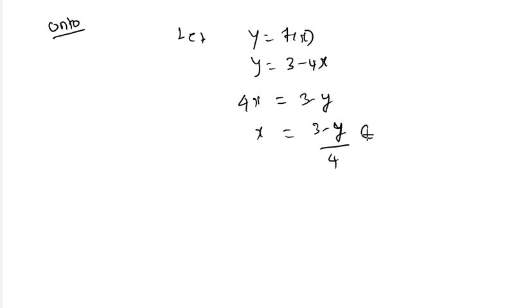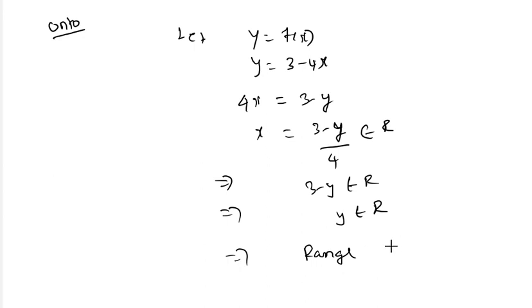So x is a real number. x real number means 3 minus y is also a real number, and this implies y is also a real number. y real number means the range is equal to real numbers, which is equal to the codomain.